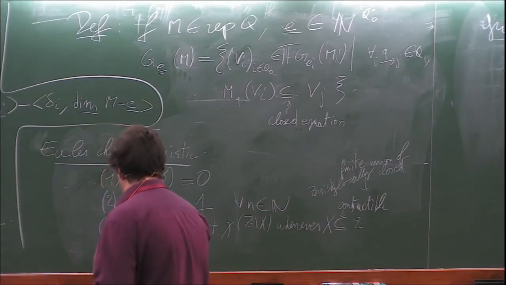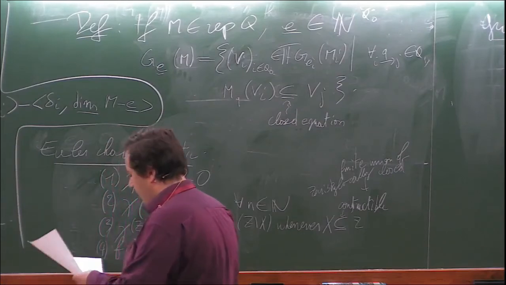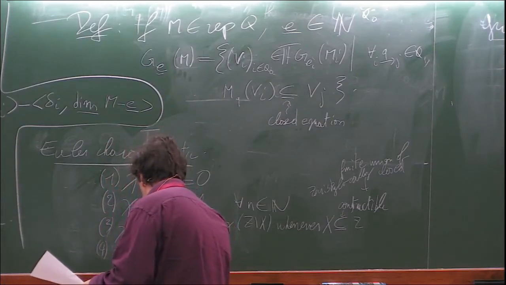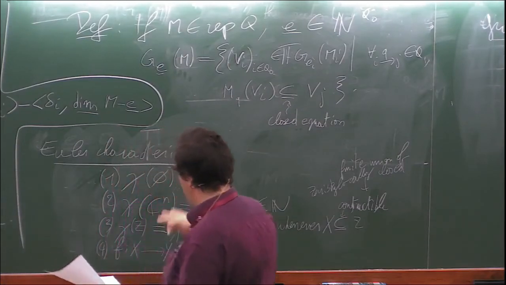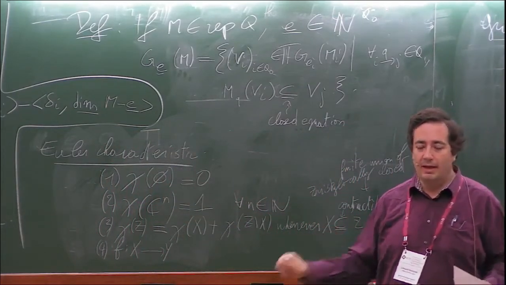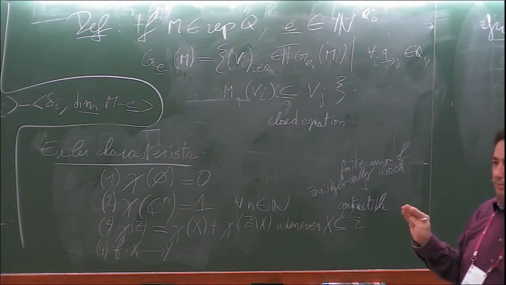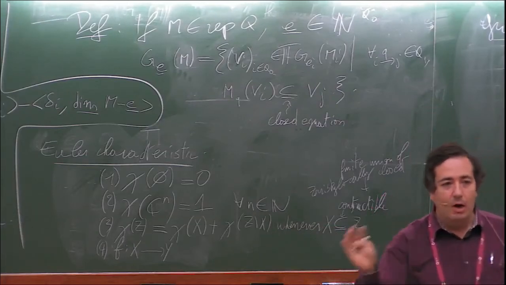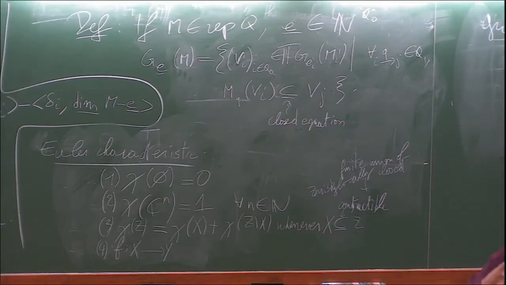Then the last one. So if you have an algebraic map, F from X to Y, so these are two varieties. I remind you that an algebraic map, I will not define it, but in all algebraic varieties you have some notion of polynomial, either local or global, depending on your context.